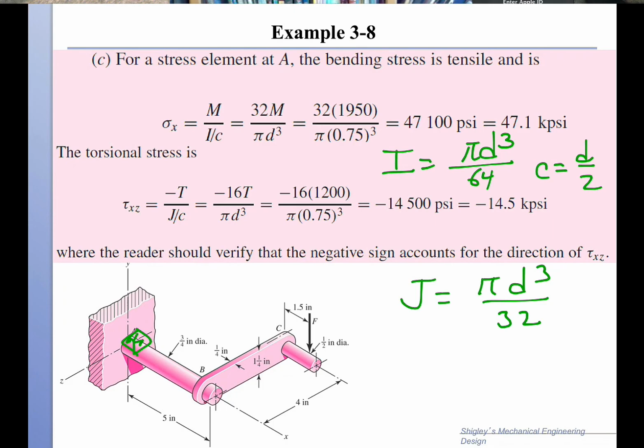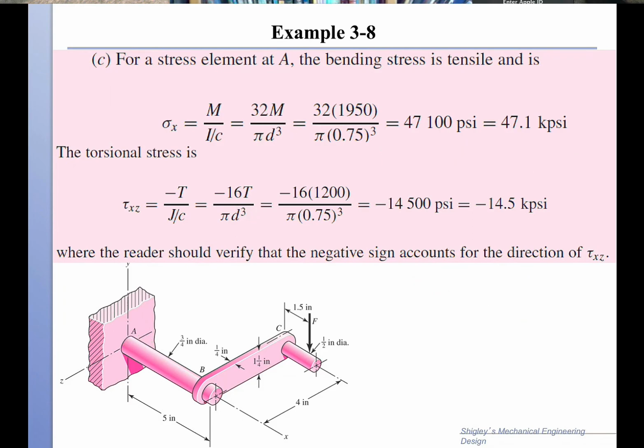Let me take that back, because this has to be d to the power 4. And then we multiply by c, which is d over 2. Then you get pi d cubed here, and also on the torsion side you get pi d cubed.